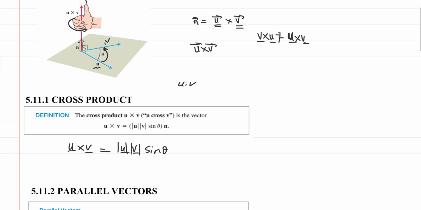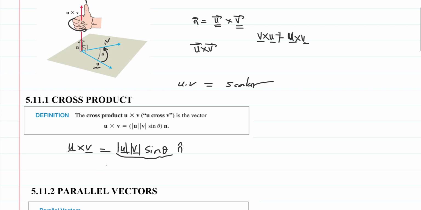Remember, for the dot product we were taking the cosine of the angle between the two vectors, and the answer was a scalar quantity, but this time around with the vector product, or cross product, the answer is another vector. So this will be the magnitude of the vector u cross v, and then we multiply that by a direction, in this case some unit vector n. We put a hat on n to mean that we are talking about the unit vector. So that is what we have when we are defining the cross product.